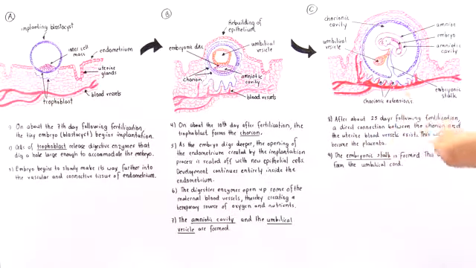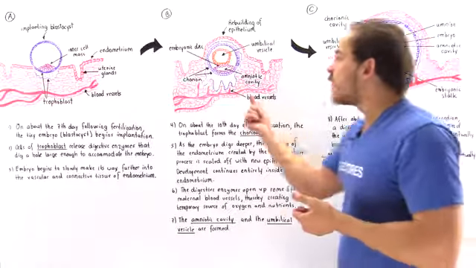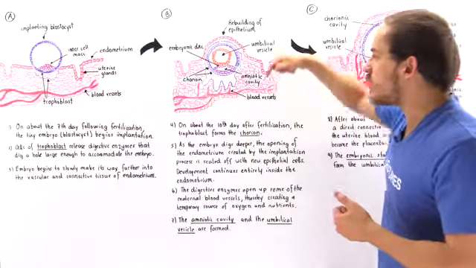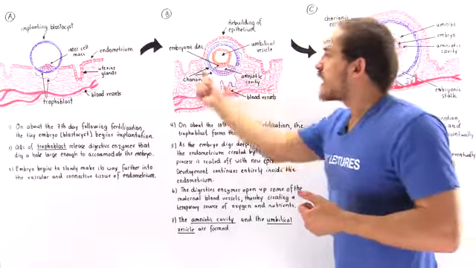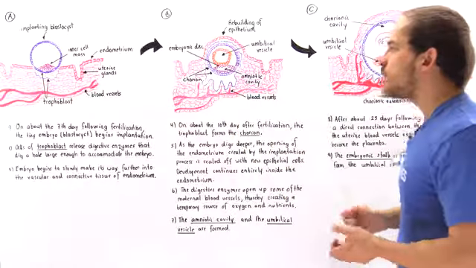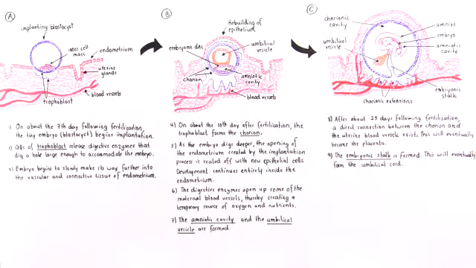Now, what happens next? After about 25 days following fertilization, we have something like this. We no longer have a temporary connection between the mother's blood vessels and the chorion portion of the embryo. Now we have a direct connection between the chorion and the uterine blood vessels.